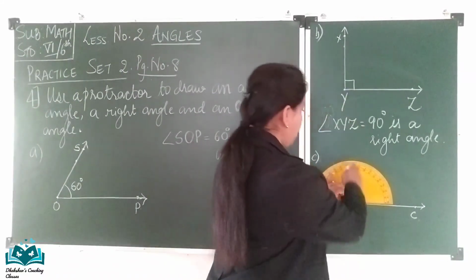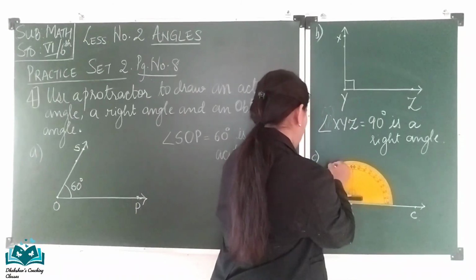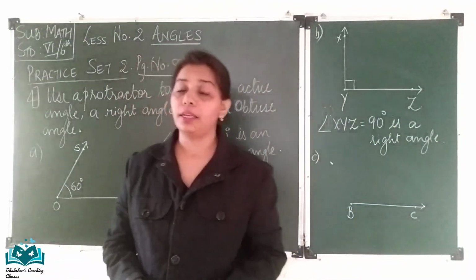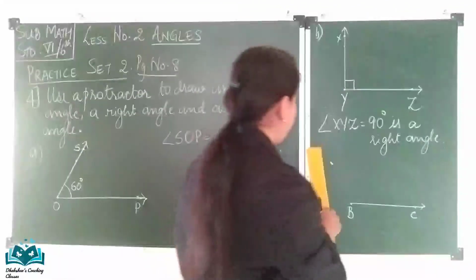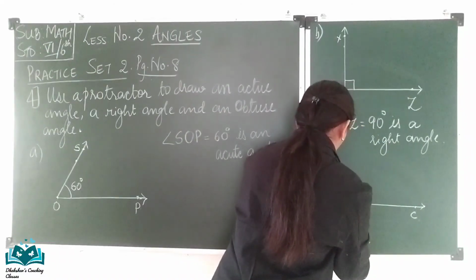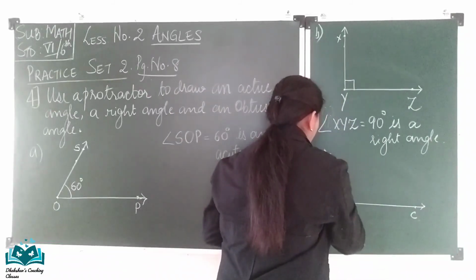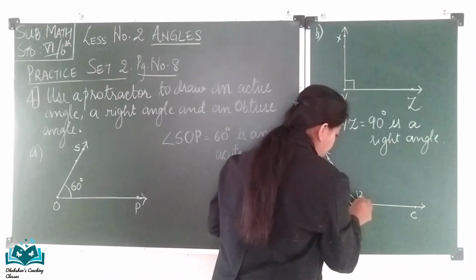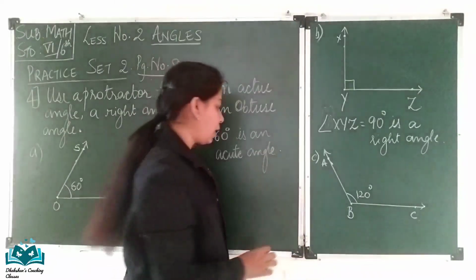Keep it on point B. More than 90 means towards the left hand side. So, I take it and mark it at 120-degree. Angle ABC is measuring 120-degree and it is your obtuse angle.